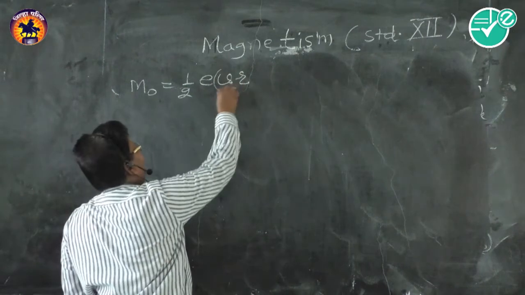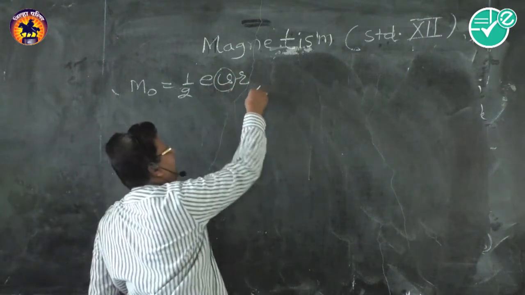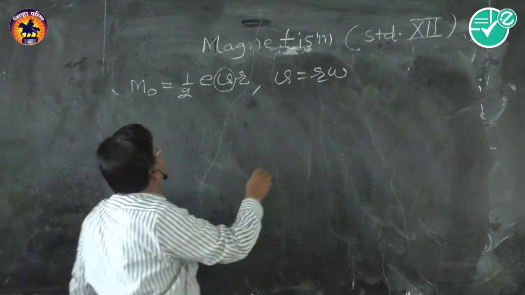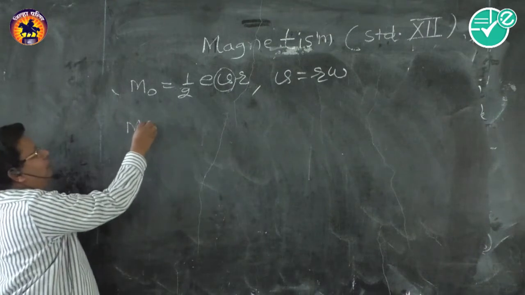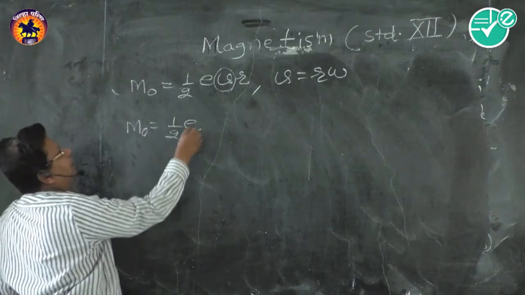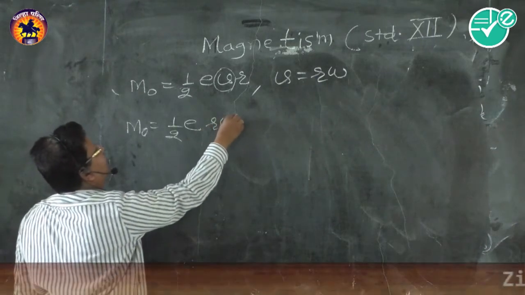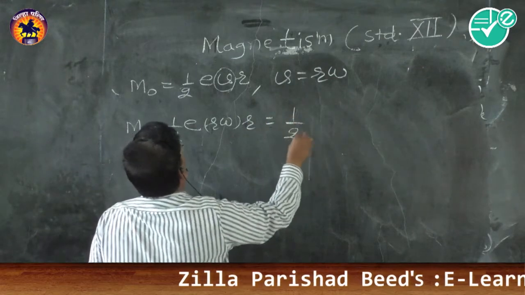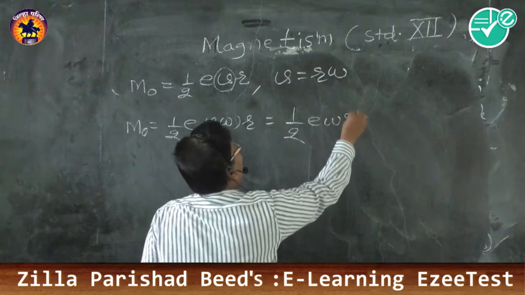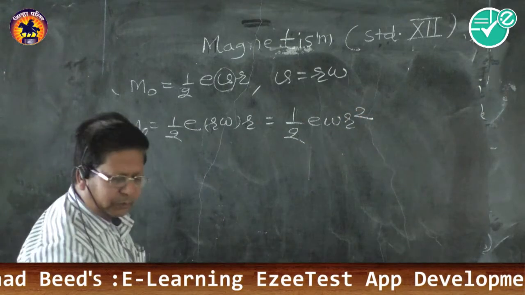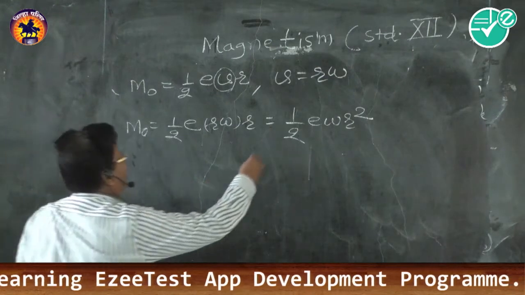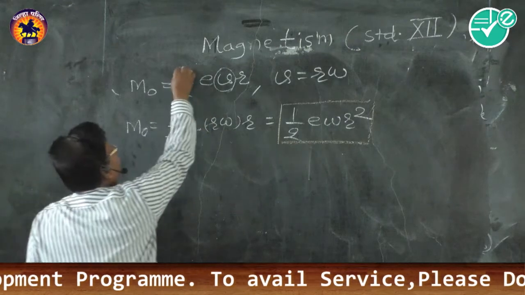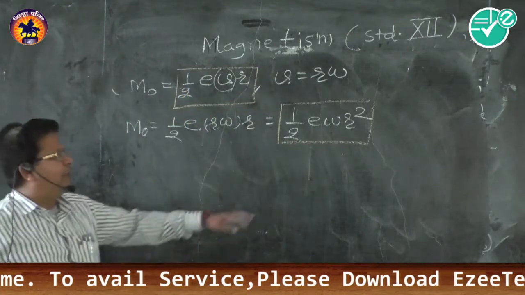If we substitute the value of v, as we know that v is equal to r omega, therefore this equation becomes M_O is equal to 1 by 2 e into value of v is r omega into r, and which is equal to 1 by 2 e into omega into r square.